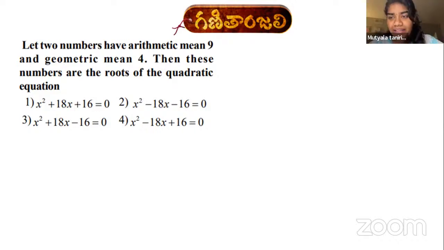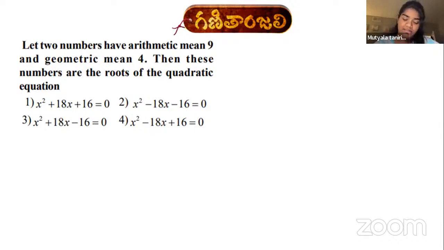Just add them and divide by 2. 2 plus 8 is 10. 10 by 2 is 5. That's it. So I'm telling, the average is nothing but arithmetic mean. Average is a real life term, and the mathematical term is arithmetic mean.